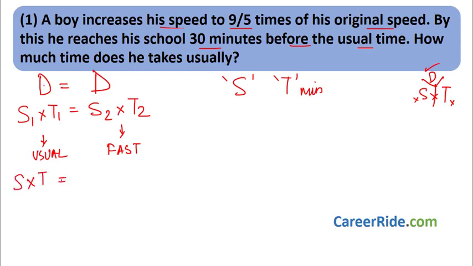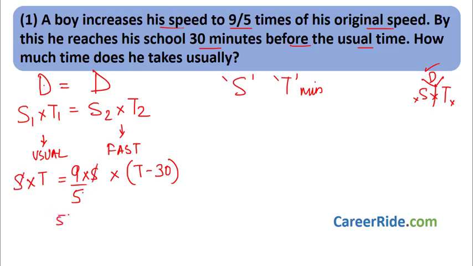Now they have given that the boy increases the speed to 9/5 times of original speed. So second case speed becomes 9/5 times of original, that is S, and time taken is 30 minutes before usual time. That means the boy takes 30 minutes less. So time is T minutes minus 30 minutes. Okay, let's solve it. What do we get? S gets cancelled over here.